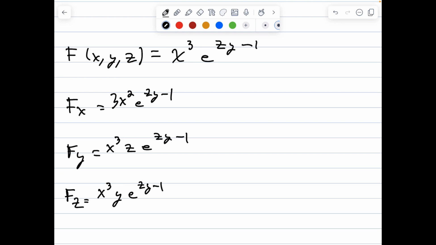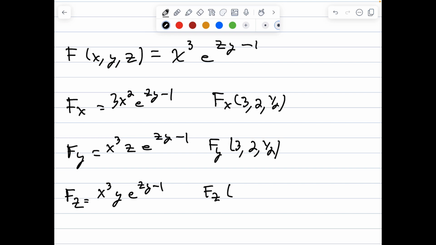So you start with your partials, and then with each of our partials, we're going to plug in the point, which was (3, 2, 1/2). Let's see here. And we'll see what our result is. So we plug in (3, 2, 1/2), and Fx, start with that one.